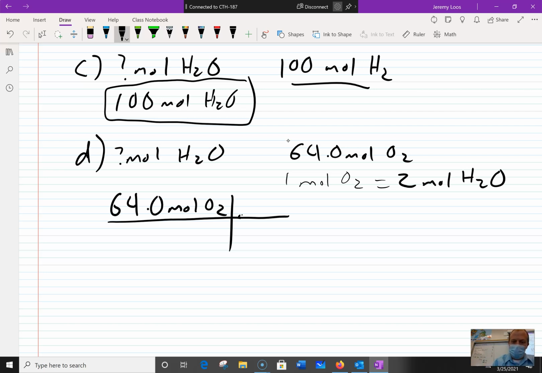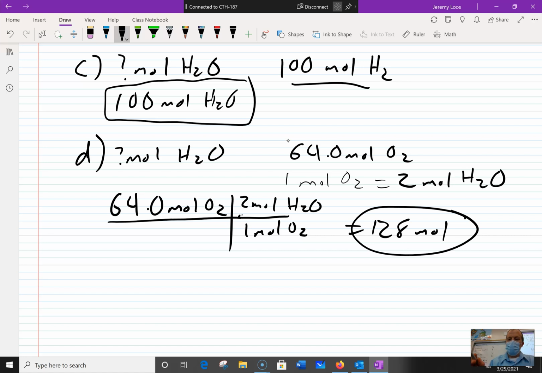The unit is both moles. That's why you need to attach the thing you're talking about to it. Since moles of oxygen is on the top, then moles of oxygen is going to go on the bottom in the next one. And so it's 64 times 2 divided by 1, it's 128.